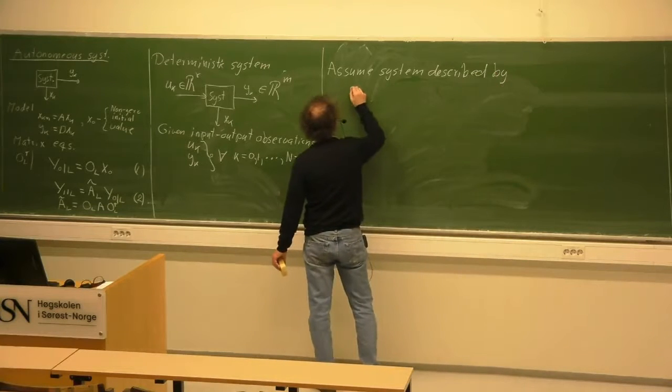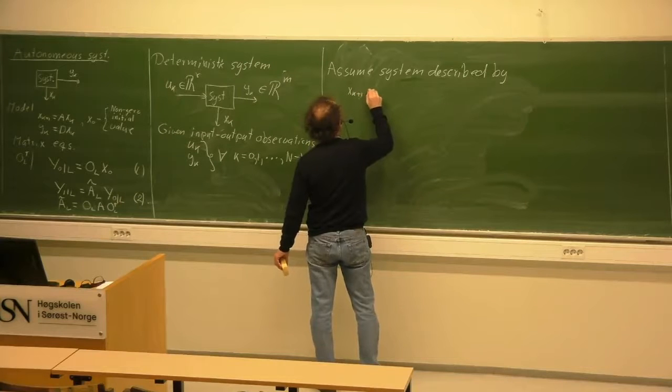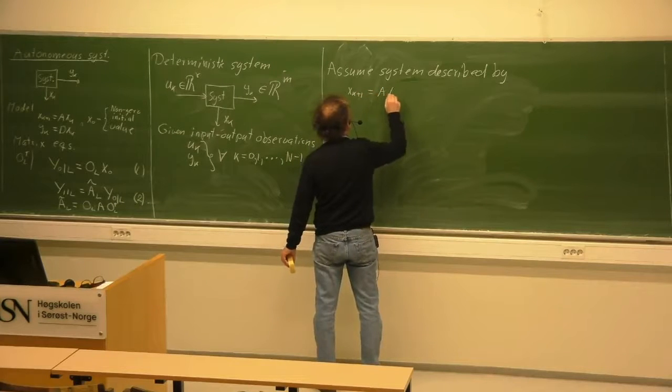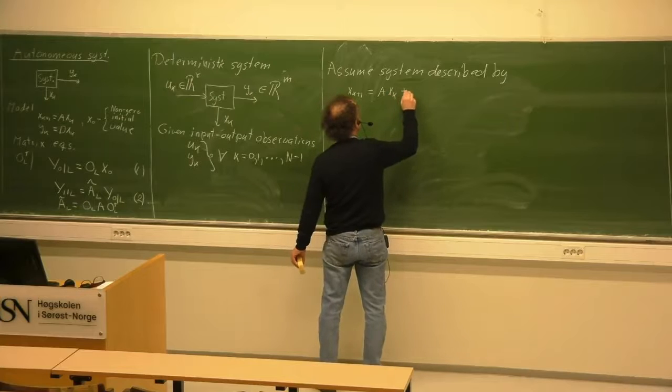By a state space, the state equation x_{k+1} = A x_k + B u_k.